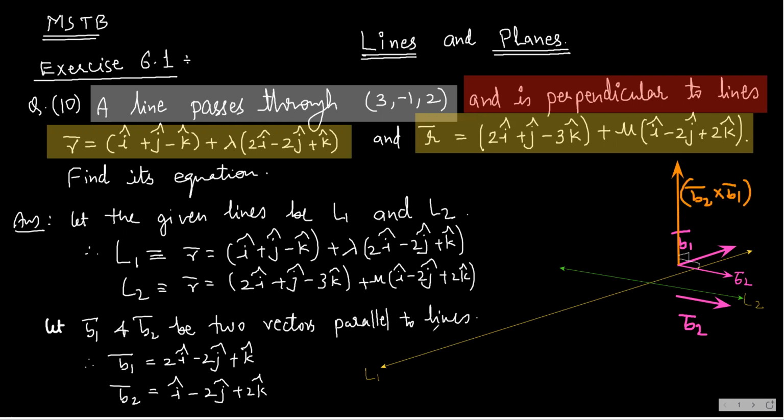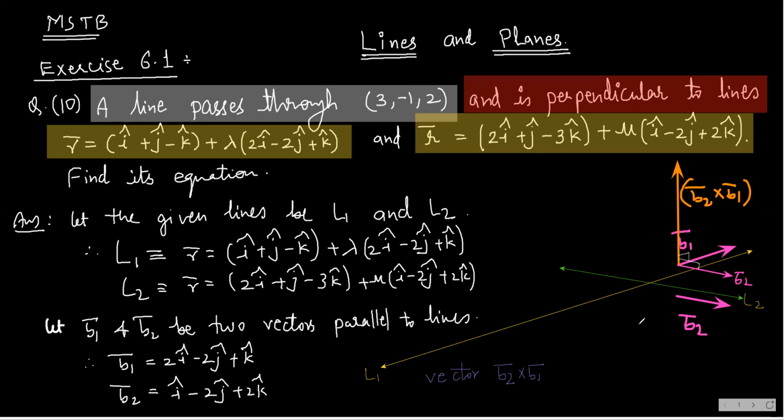So here I will write the vector B1 bar and B2 bar. See, here I make a statement. I will write here vector B2 bar cross B1 bar. You shouldn't worry here.